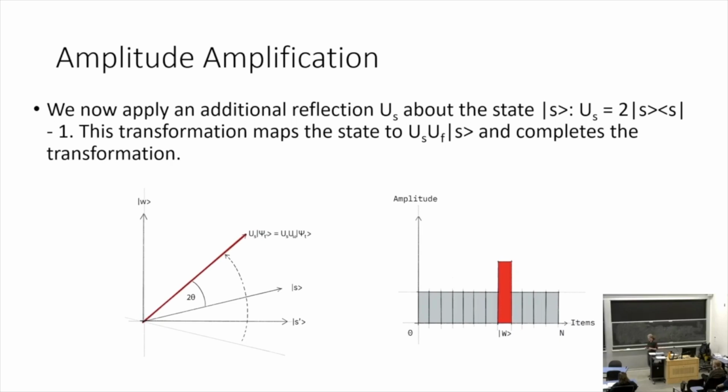The action of the U_S reflection in the amplitude bar diagram can be understood as a reflection about the average amplitude. Since the average amplitude has been lowered in the first reflection, this transformation boosts the negative amplitude of W to roughly 3 times its original value, and it does that while decreasing the other amplitudes.